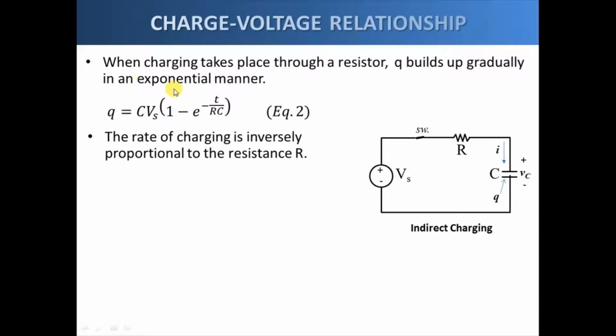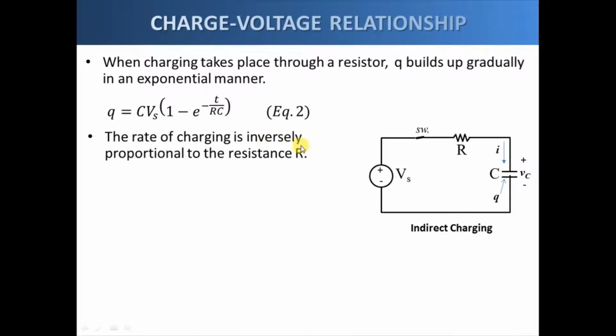In fact, it will be charging in an exponential manner given by this relationship. We'll derive this later once we go to a more detailed examination of RC series circuits. Now let's call this equation 2.